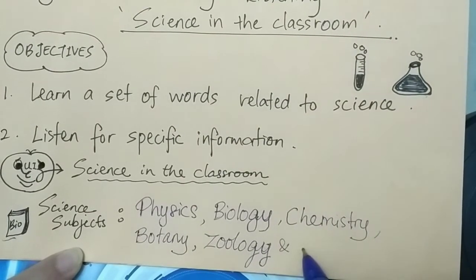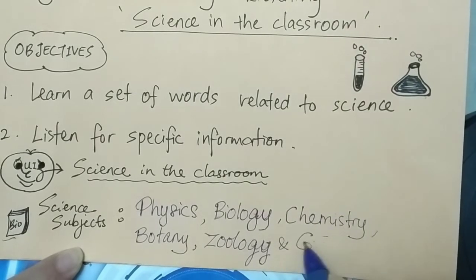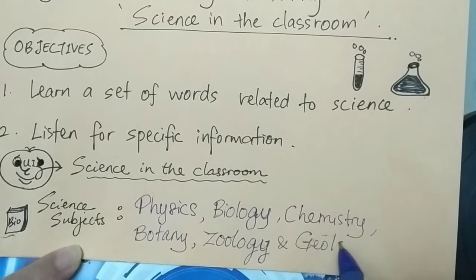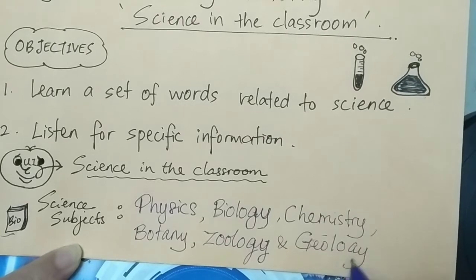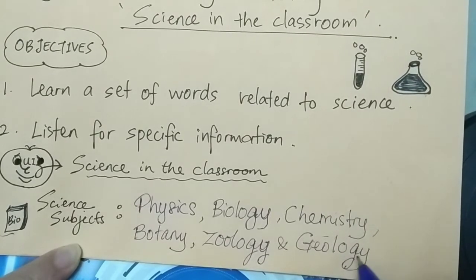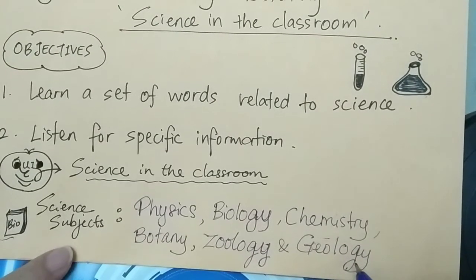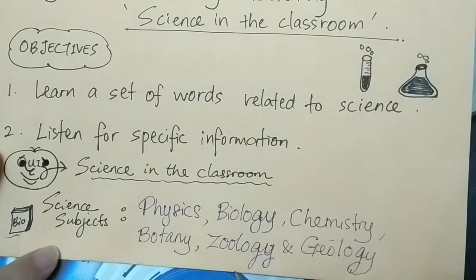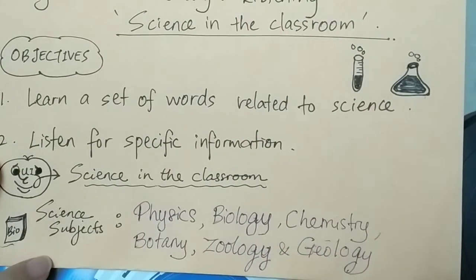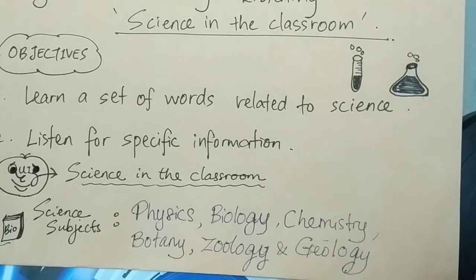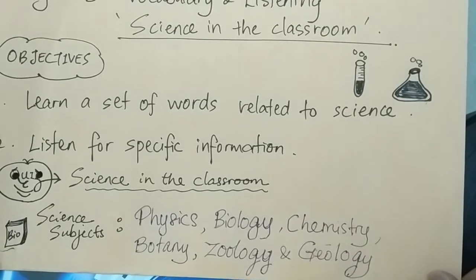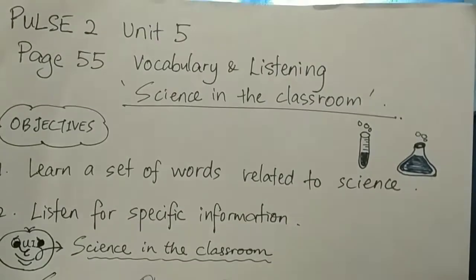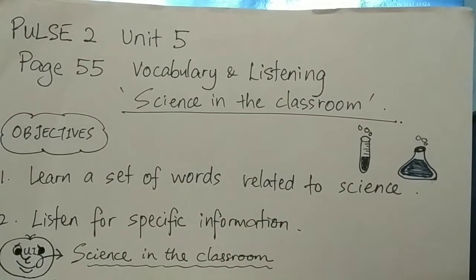And one more, geology. Why do I keep writing AY? Okay, so here are the six subjects. There are of course others, but here are some of the subjects that we can warm up with. So we shall start our lesson right away.